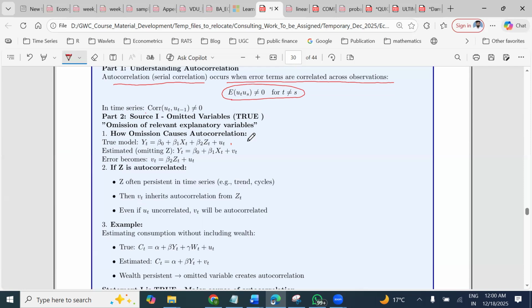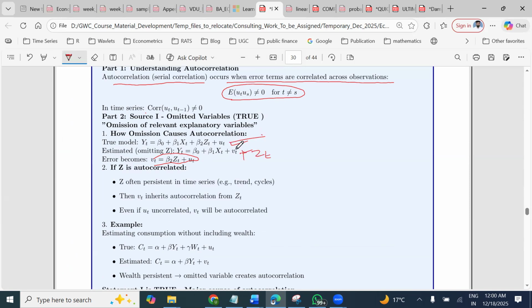Suppose this is the true model. Now you have omitted this Z, then your error becomes Vt, which is equal to beta 2 Zt plus Ut, because when you omit an important variable from the original model, it becomes a part of this error term. Are you getting my point?